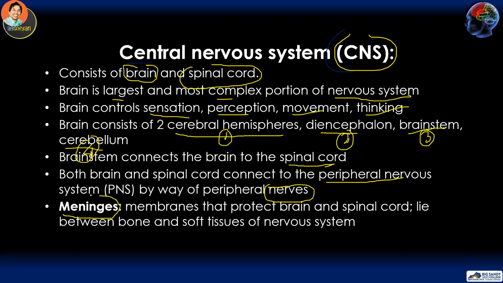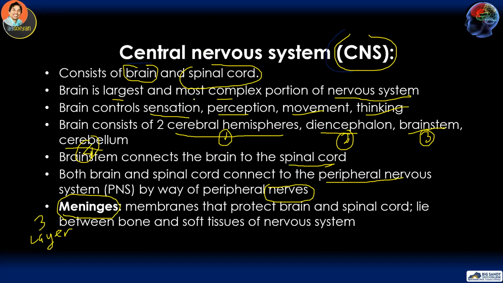The brain and the spinal cord are covered by membranes called the meninges, and the meninges have 3 layers, or membranes, that protect the brain and the spinal cord.